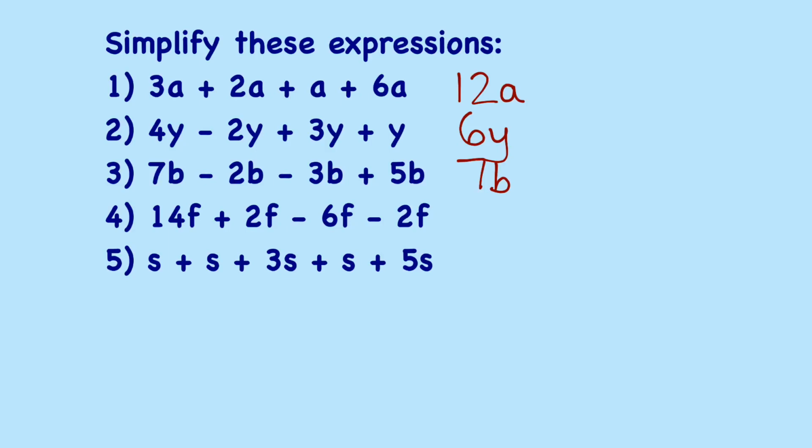Question 4, 14f plus 2f, take away 6f, take away 2f. That gives us the simplified expression 8f. Question 5, s plus s plus 3s plus s plus 5s is 11s. Well done! You can now simplify basic algebraic expressions.